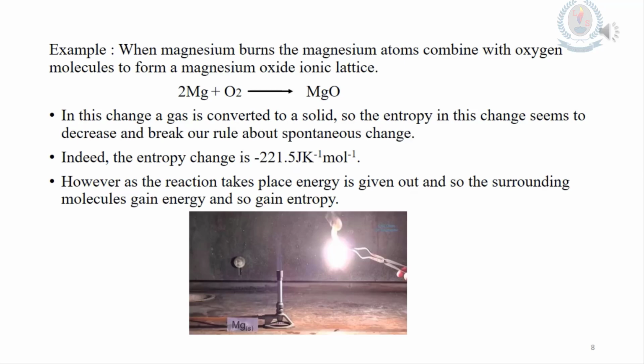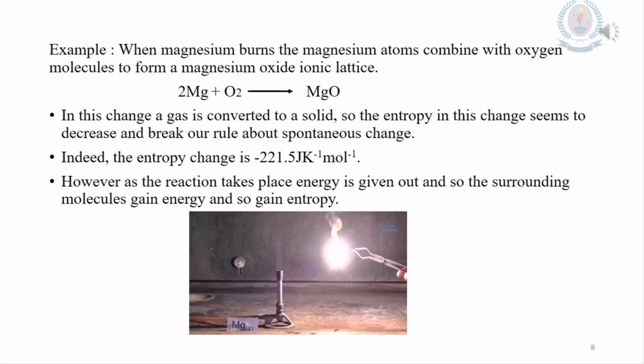So the entropy in this change seems to decrease and break our rule about spontaneous change. So here the entropy change is minus 221.5 joules per Kelvin per mole. The unit of entropy is joules per Kelvin per mole.